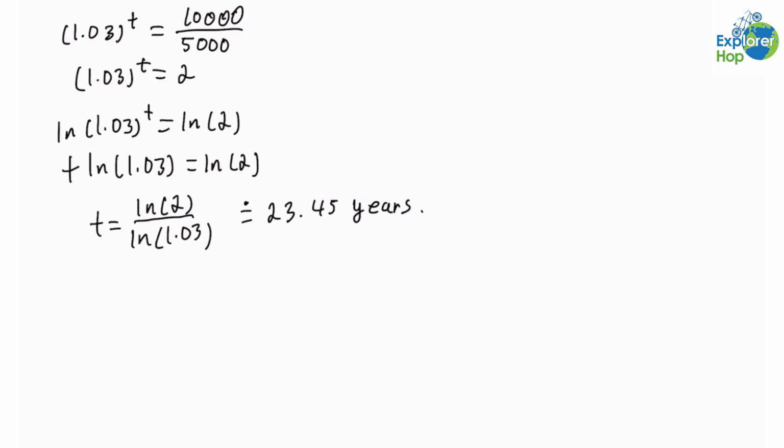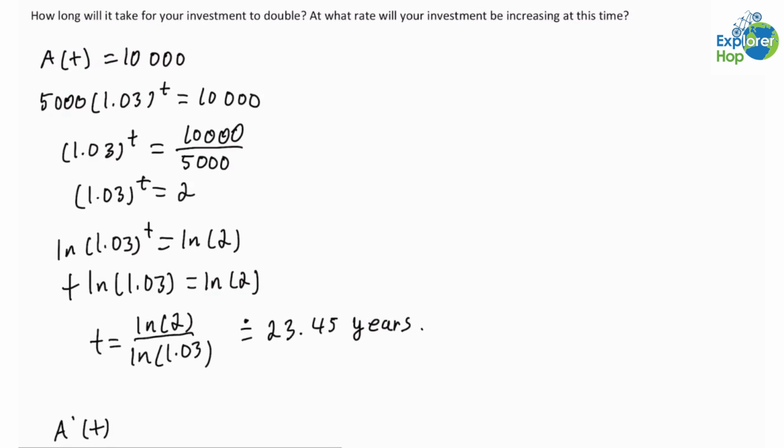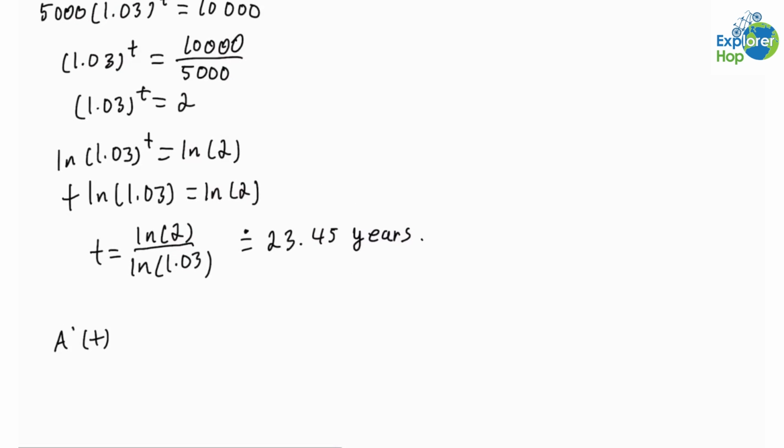And to determine the rate at which your investment will be increasing at this time, we need to find the derivative of the function A(t). So the derivative of A(t), A prime of t, is equal to 5,000 times the derivative of 1.03 to the t with respect to t.